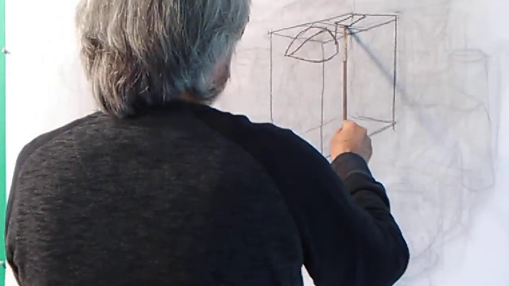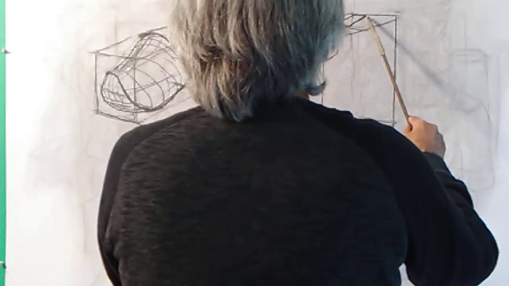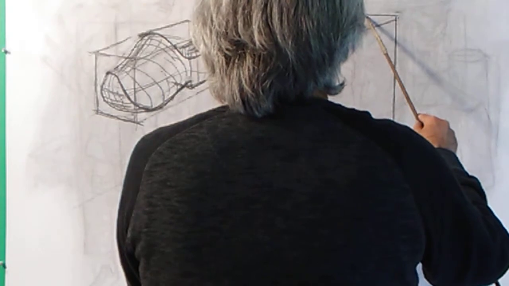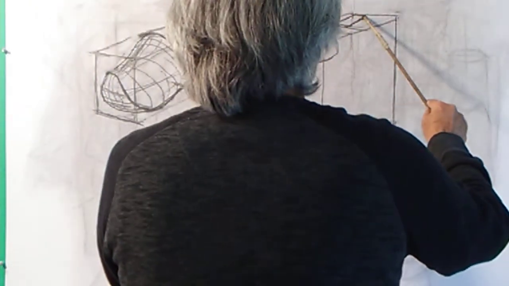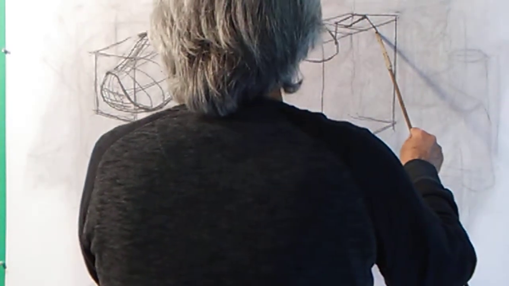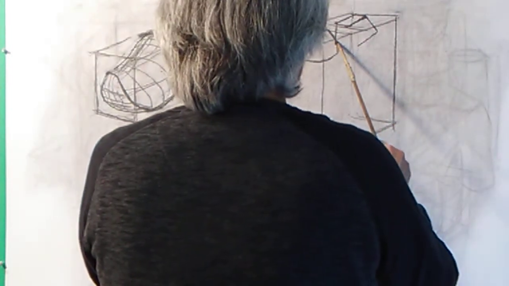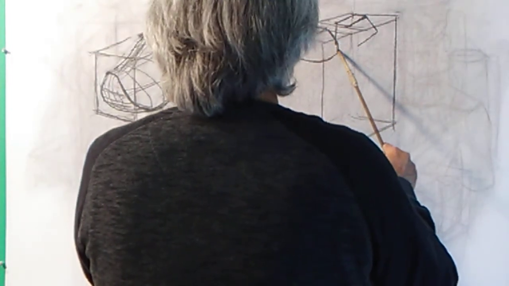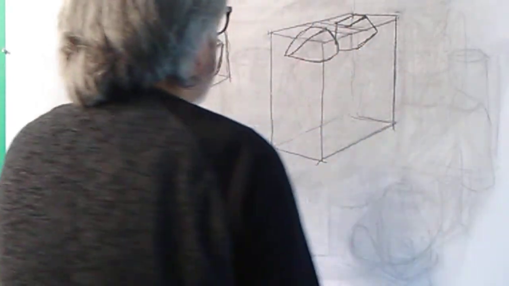So I'm coming up with a top plane. And then I'm going to come up with the back of his head here. And it's angling this way. And then it's going to come down. And it's going to wrap around too, because their faces are coming together here at this vertical line. And then it's going to wrap around this way. So there's my two shapes.